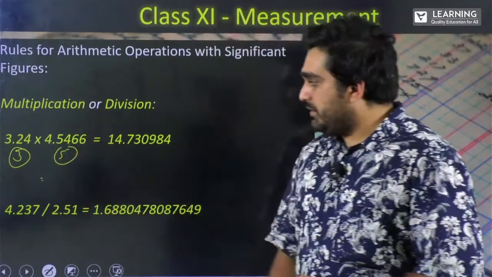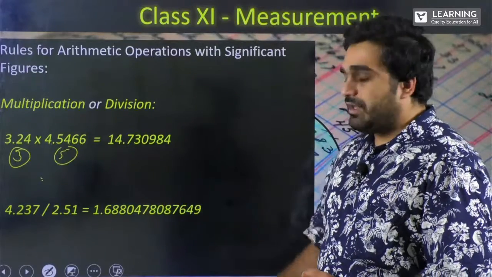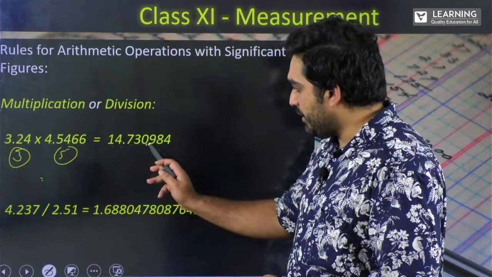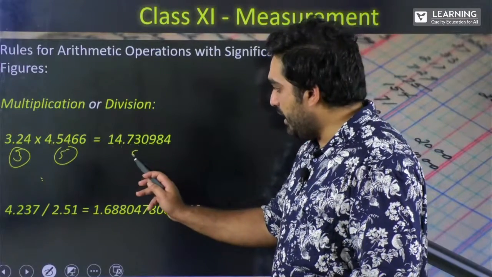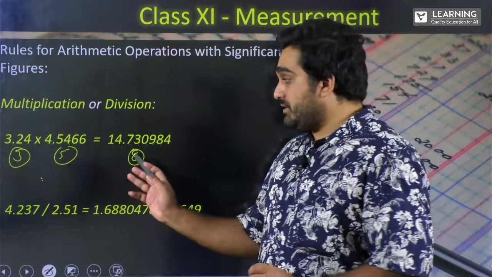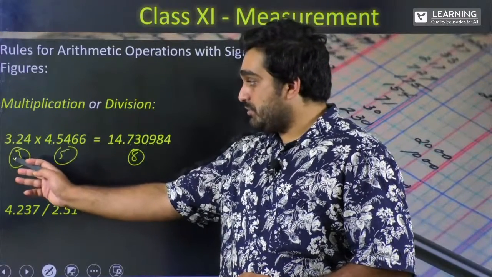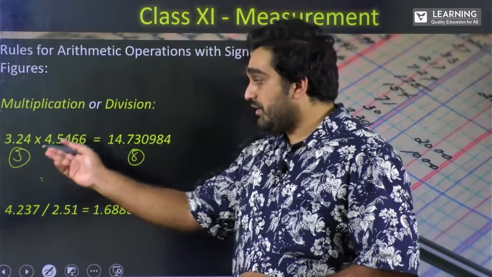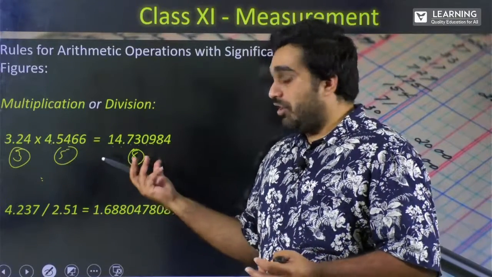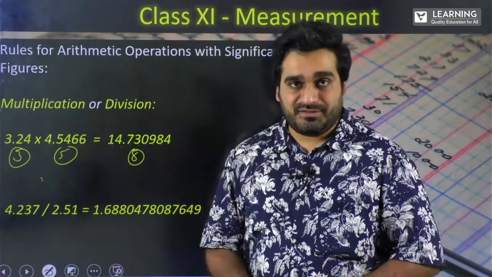And when you multiply the two numbers, this is the result you get, which has 1, 2, 3, 4, 5, 6, 7, 8 significant figures. I cannot have 8 significant figures when the initial numbers are 3 significant and 5 significant. It makes no sense. It's like the precision has automatically increased by itself.